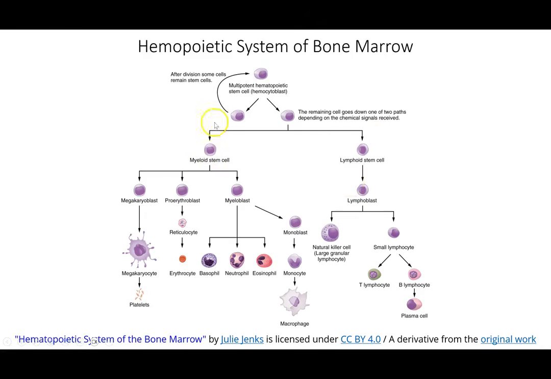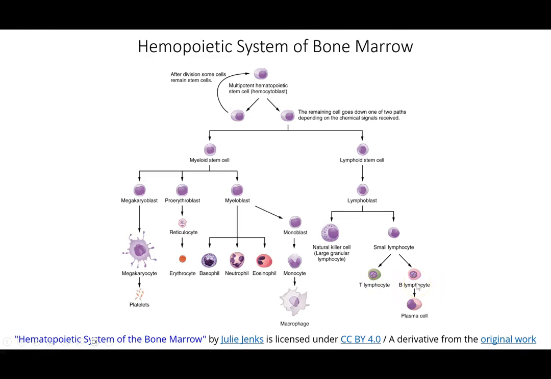So as you can see, the myeloid pathway will produce the vast majority of our formed elements. The lymphoid pathway is going to only produce a couple types. So this is going to give us our lymphoid stem cells and then lymphoblasts, which then differentiate into natural killer cells, and lymphocytes themselves, which then further differentiate into our T and B lymphocytes.